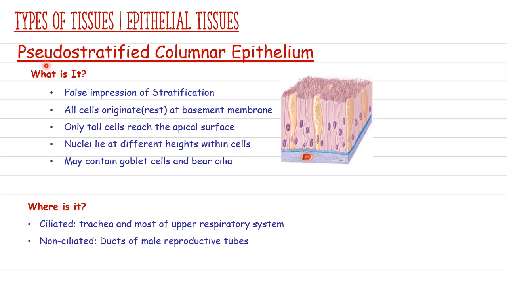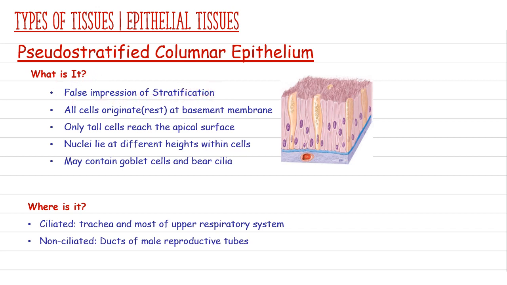When you combine these syllables that make up the name of this tissue, you know that it is not stratified, but it appears stratified, meaning it gives a false impression of stratification.